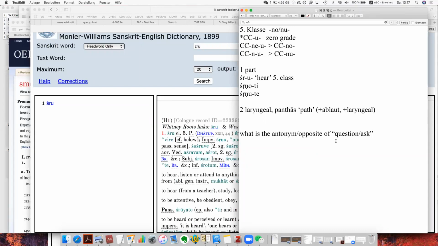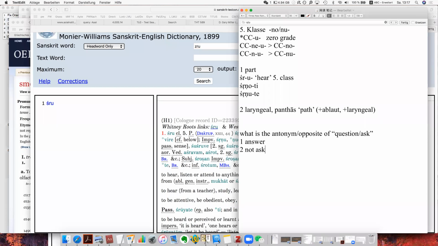Question, you can also understand as asking a question, right? So what is the antonym, the opposite of ask or question? There are three options you can choose from. First, the opposite of ask is answer. Second, the opposite of ask is not ask.